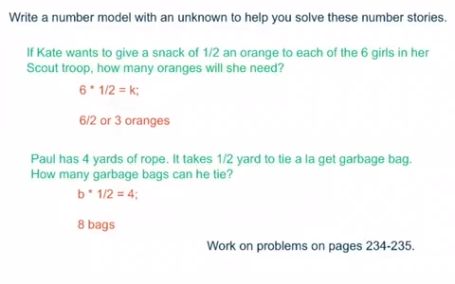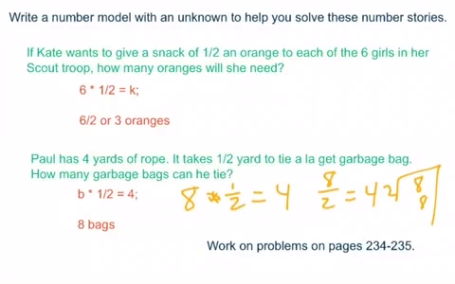Well, I know that 2 times 4 is 8. So if I said 8 times 1/2 equals 4, that means I'm saying 8 halves equals 4, and that is actually true, right? Because 8 divided by 2 is 4. And that's how I solve that problem.